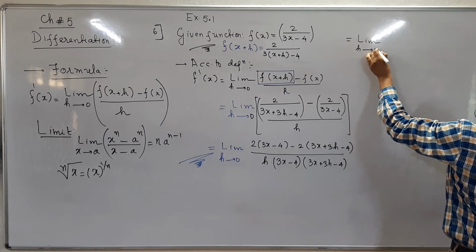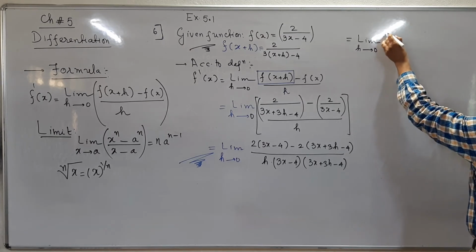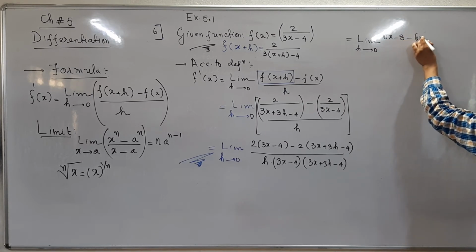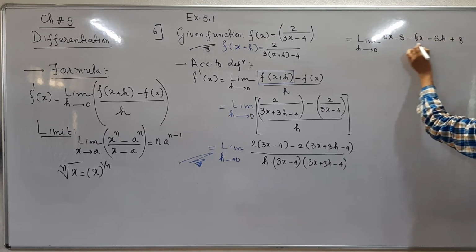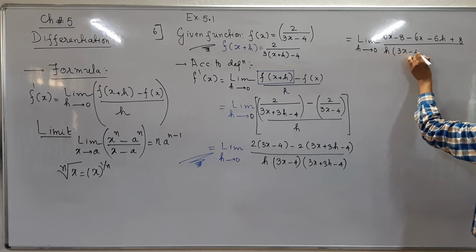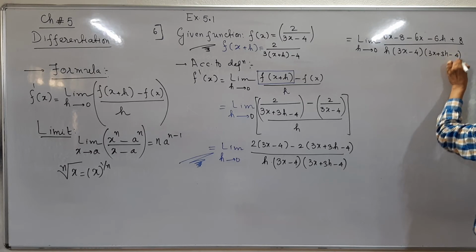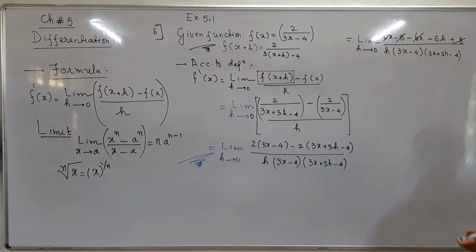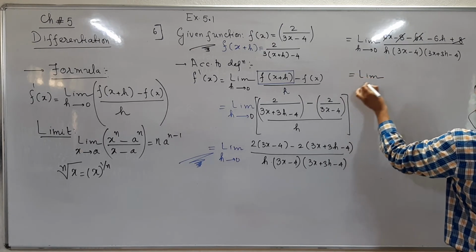So limit h tends to 0, 3x into 2, 6x minus 8 minus 6x minus 6h plus 8 upon h into 3x minus 4 into 3x plus 3h minus 4. 6x and 6x, 8 minus 8 get cancelled. So what remains?